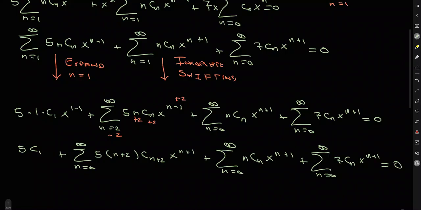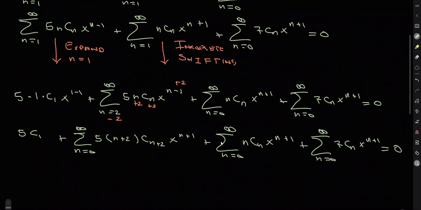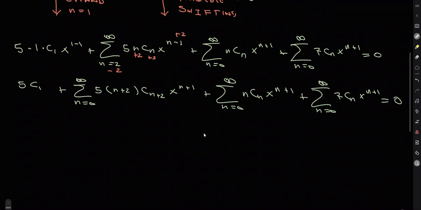All right, so notice how now all of these series have the same starting index and the same powers of x. That means they are all like series. So we should be able to combine them into a single one at this point.